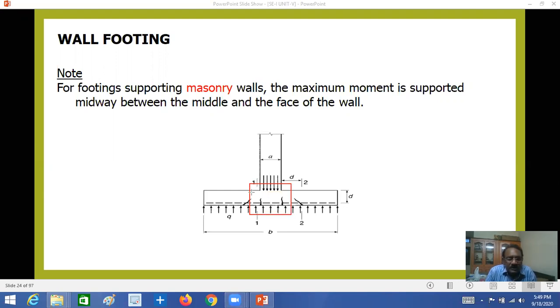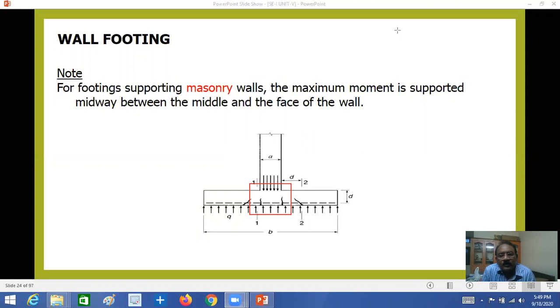This punching shear will fail you. There are two types of shear failures in footings: one is one-way shear, second is two-way shear. Two-way shear, that is punching shear, is at d by 2, and one-way shear is at d. These are the differences. You must remember these two. These are very, very important.